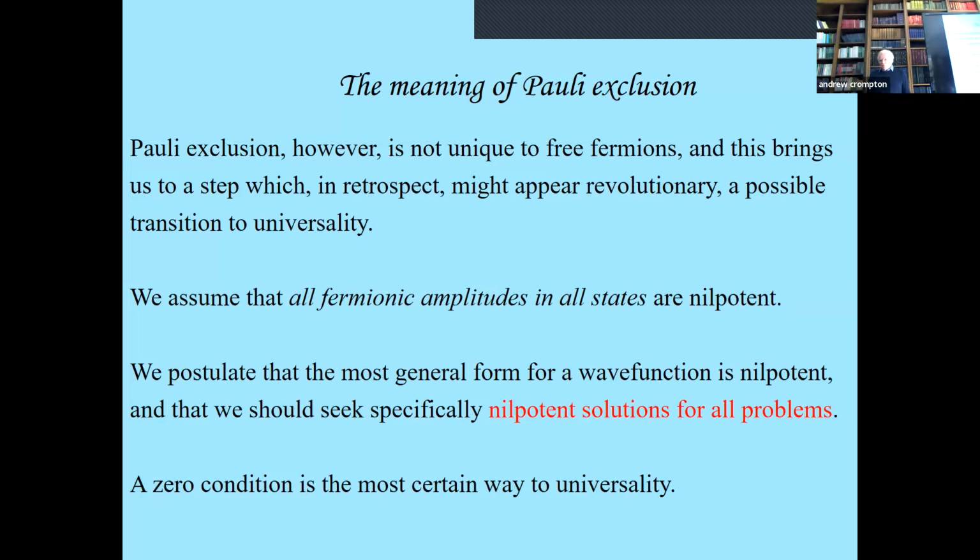But we know that it does work, otherwise I wouldn't be telling you. We say the most general form of a wave function is nilpotent, and we should seek nilpotent solutions for everything. And if we get that, we got a zero condition, and that's always been the way to universality. Newton's third law, conservation of energy, Lagrangian operators, all that sort of thing.